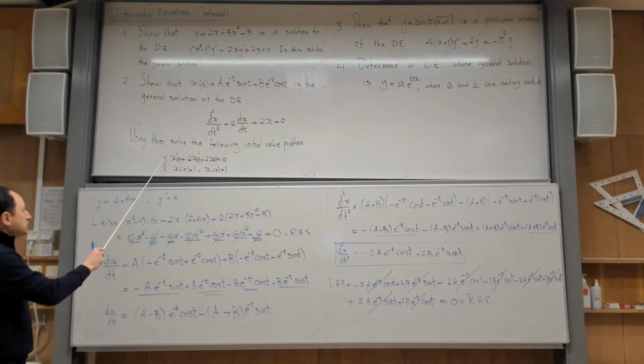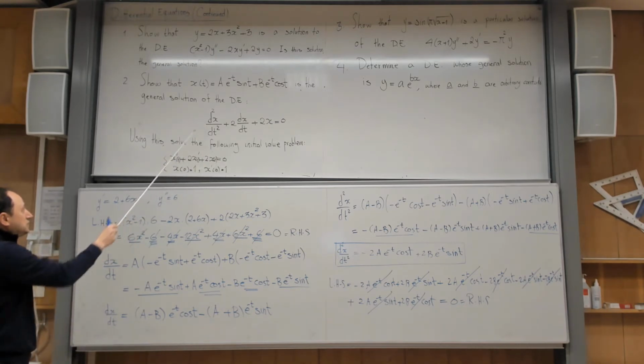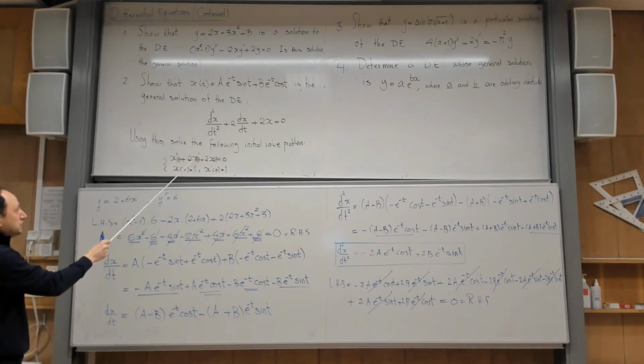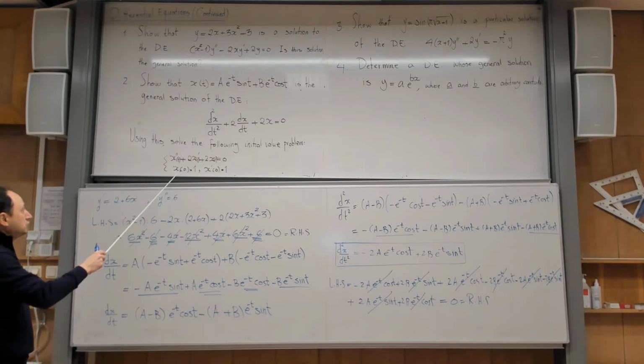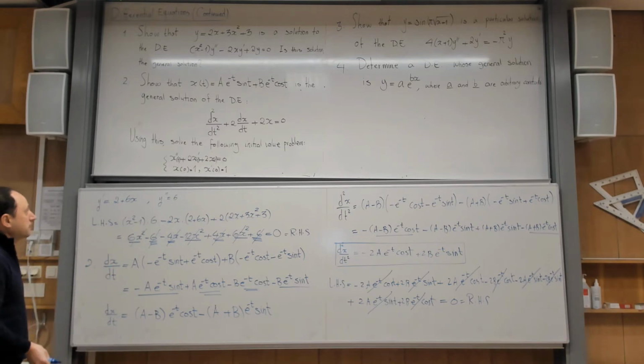Yes. So this equation that I have written here is exactly this equation, but I'm using the prime notation for the derivative here. And then I have given you two extra conditions. Because this is a second order equation, I have to give you two extra conditions. Okay, and that is easy, yes?